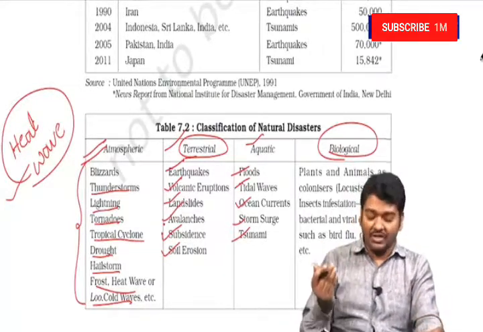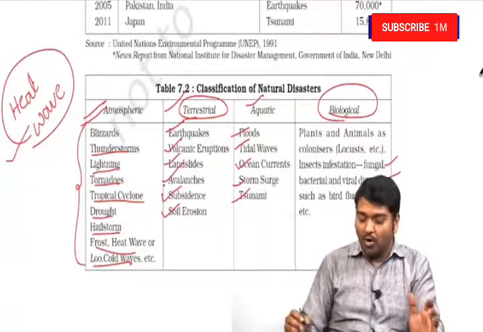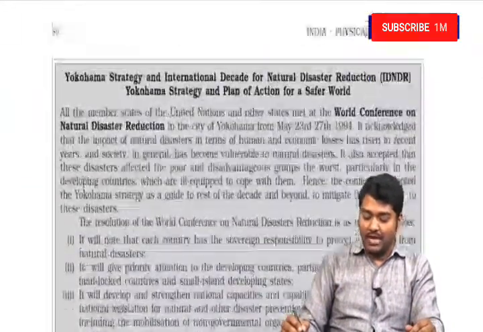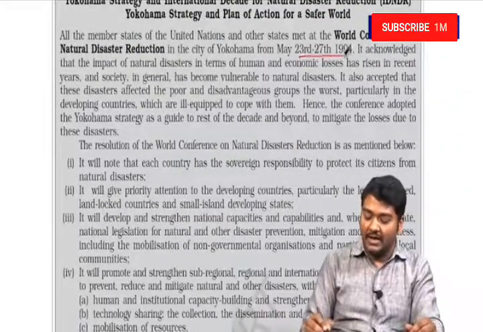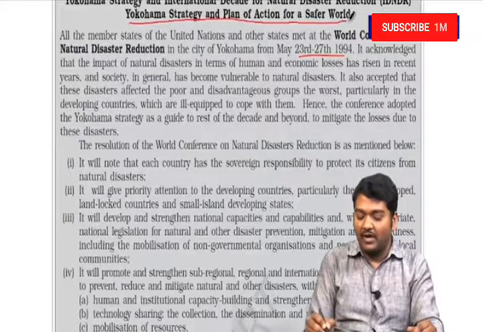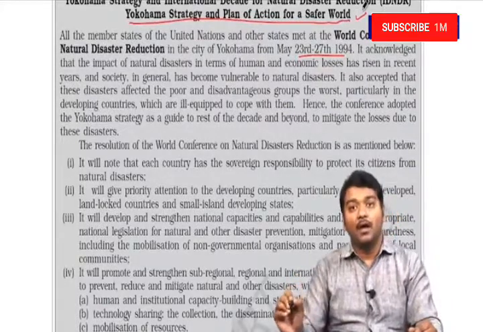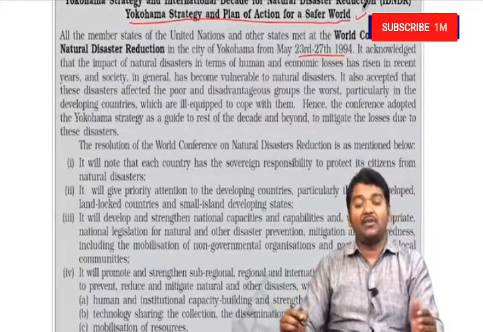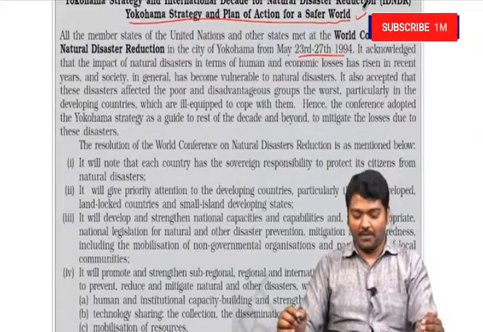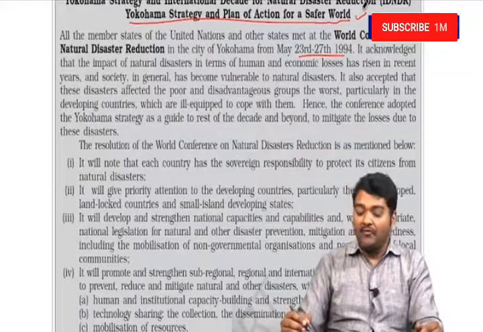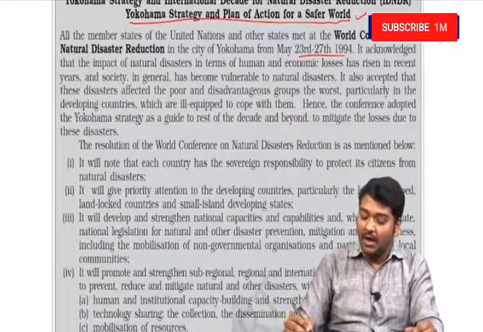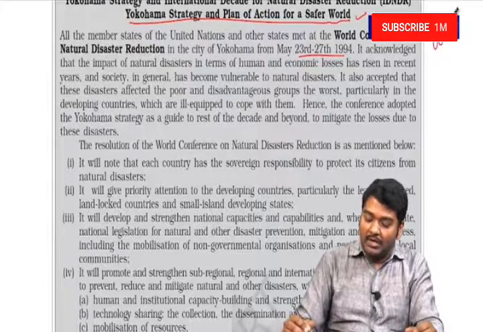I gave you the definition. I also want you people to know that this is what we focus on. In this book, they actually talk about the 1994 Yokohama Strategy and Plan of Action for a Safer World. But you have to remember that we have moved ahead and today we have a different strategy and plan where the focus today is mostly associated with the local communities.